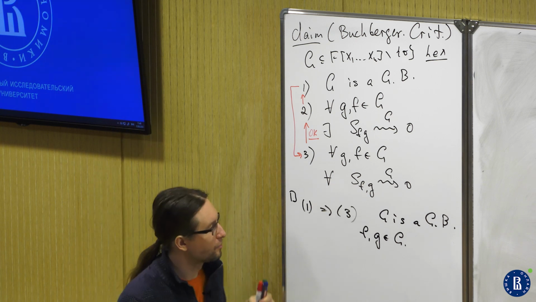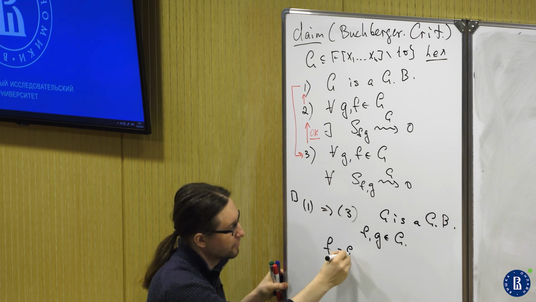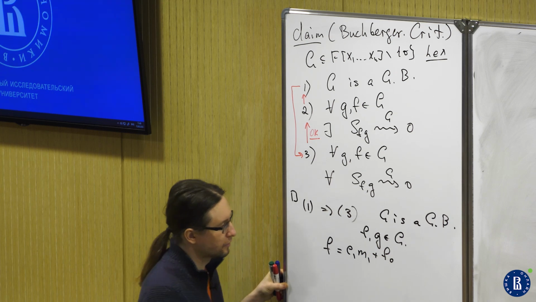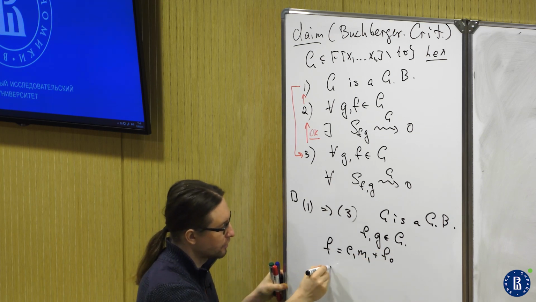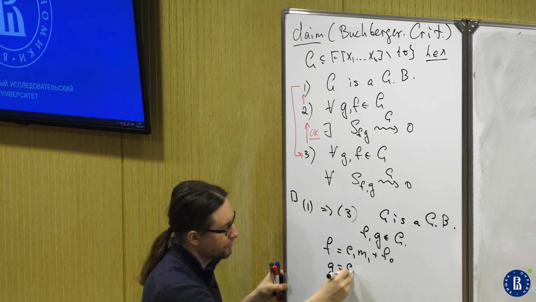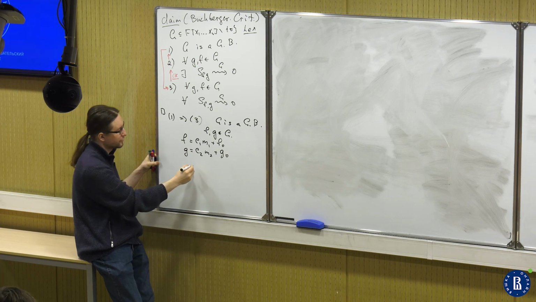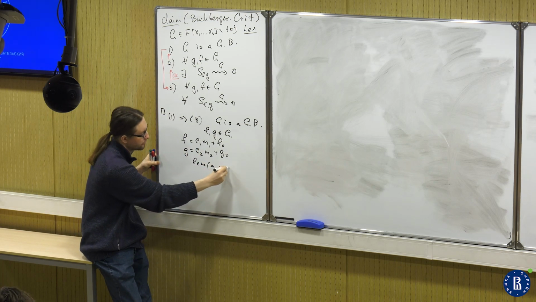OK, so let me recall. So f consists of the leading coefficient C1, the leading monomial M1, and the tail, which consists of all the monomials that are strictly smaller than M1. G has the same form, C2, M2 plus G0. Then we should consider the least common multiple of the leading monomials, M1 and M2.